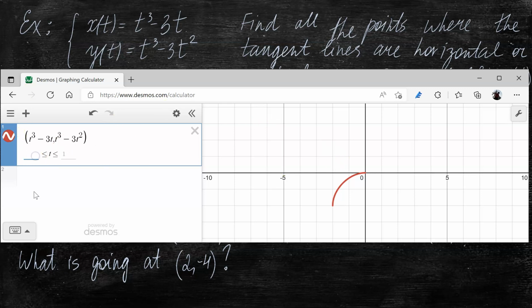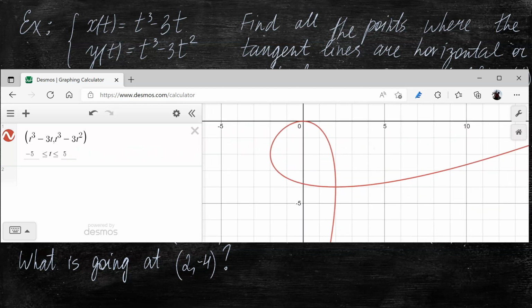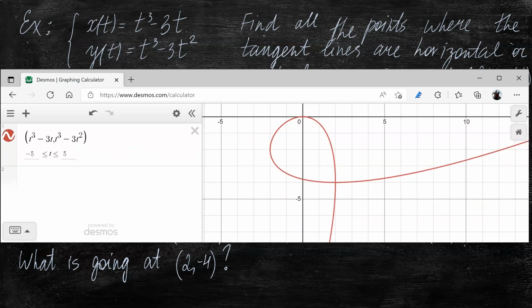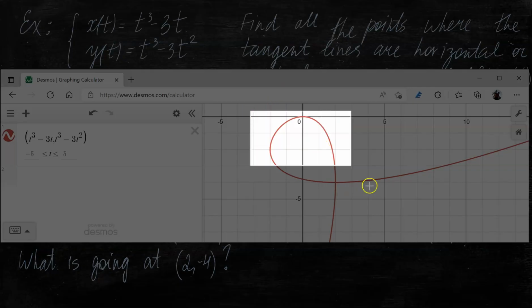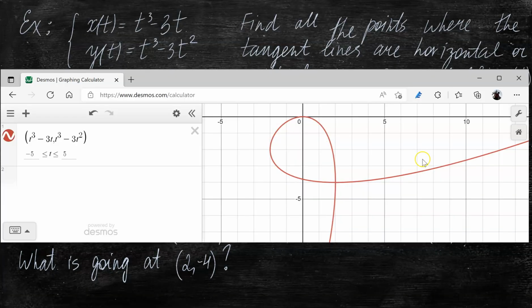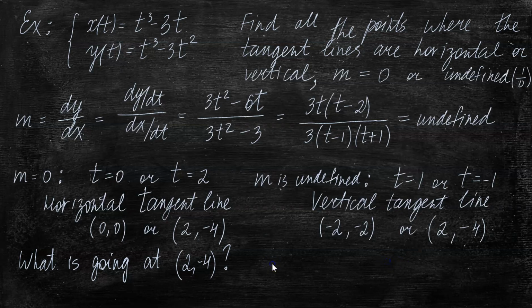So let's extend this domain of t a little further, and what do we notice here? We notice that at 2, -4 we have the following behavior.